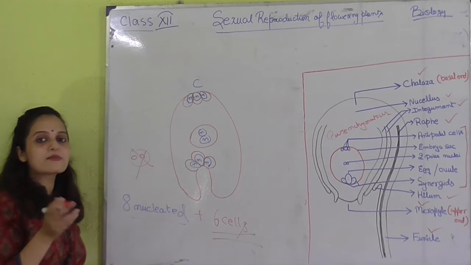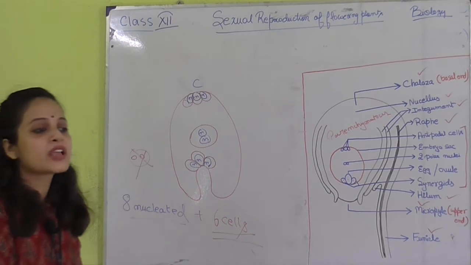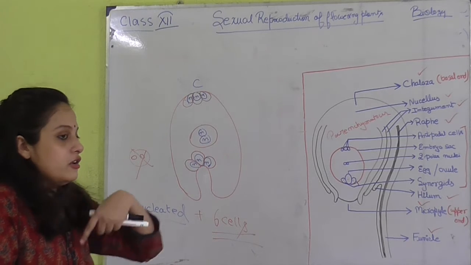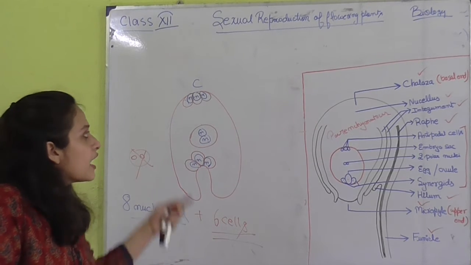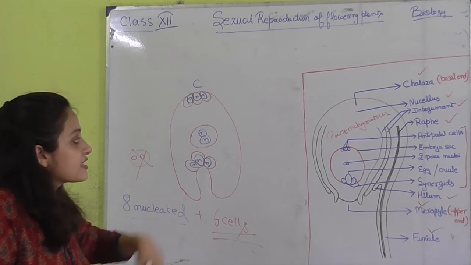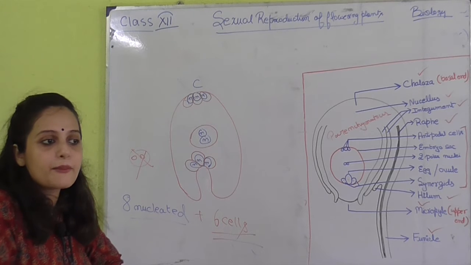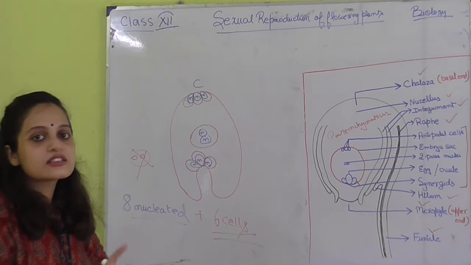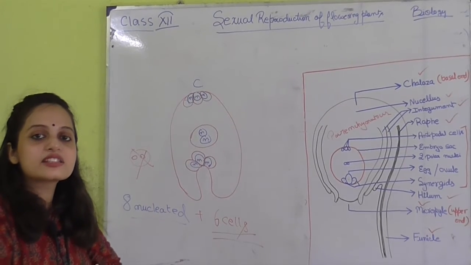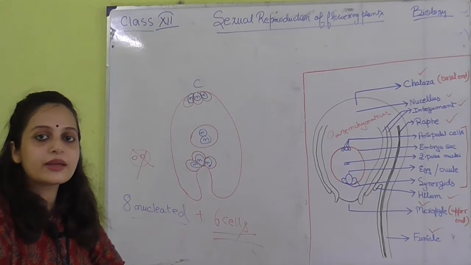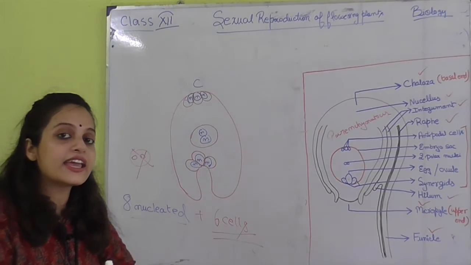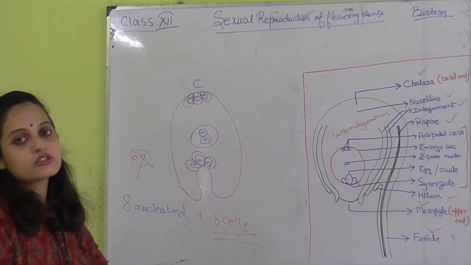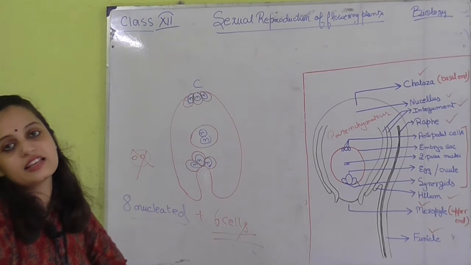So if the question comes, how many cells are present inside a mature embryo sac, you will say there are a total of 6 cells and a total of 8 nuclei. So 8 nucleated and 6 cells.